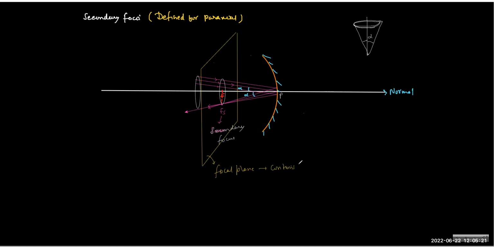It contains all secondary foci and is perpendicular to the principal axis. So it will contain all secondary foci, and the primary focus will be there too, because if it contains the secondary, the primary is bound to be there.